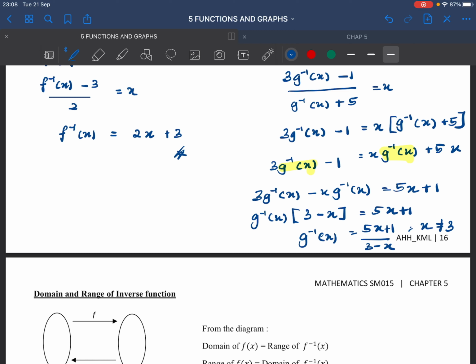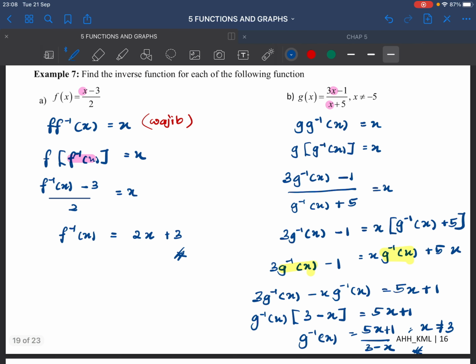Okay, so this will be your final answer for your g inverse. Okay, so that is how we find our g inverse. Make sure to write the properties first. f inverse equals to x ataupun depends on the function lah.